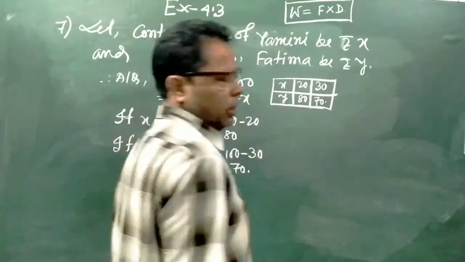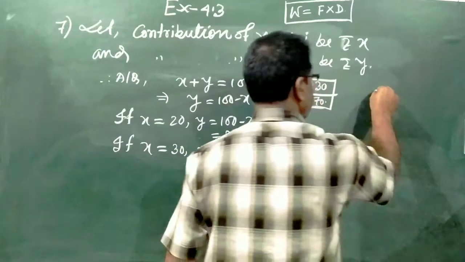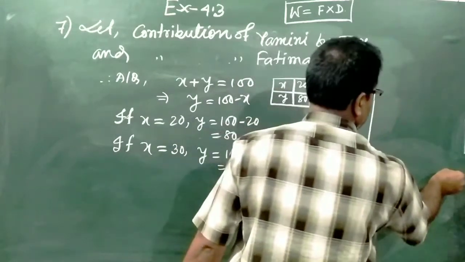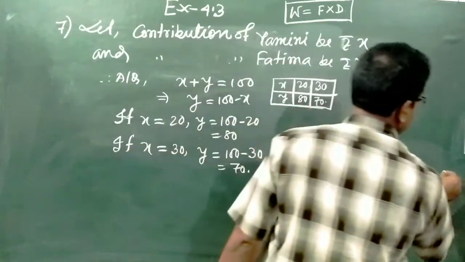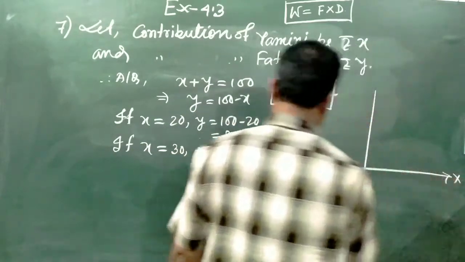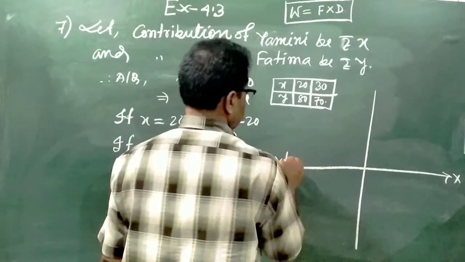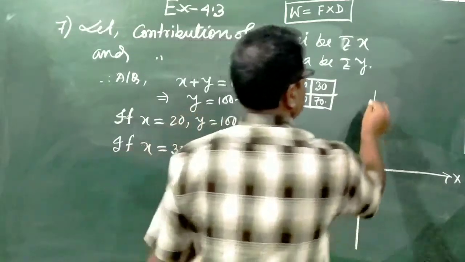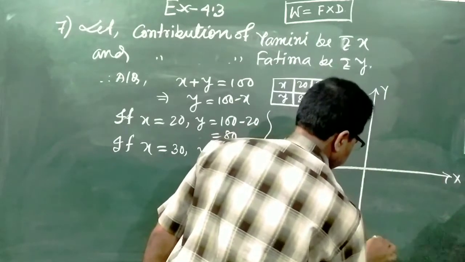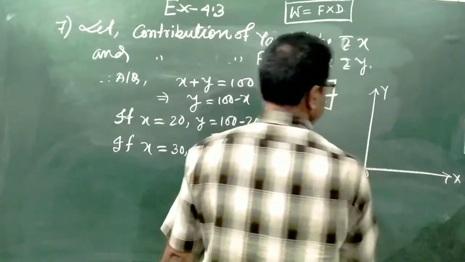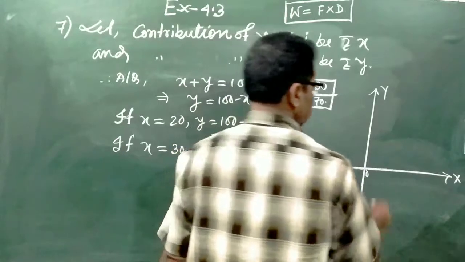Now we have to go for drawing the graph. You all use your graph paper and take the units as 10. X dash, this is Y dash. So this is 0, 10, 20, 30, in this way take.